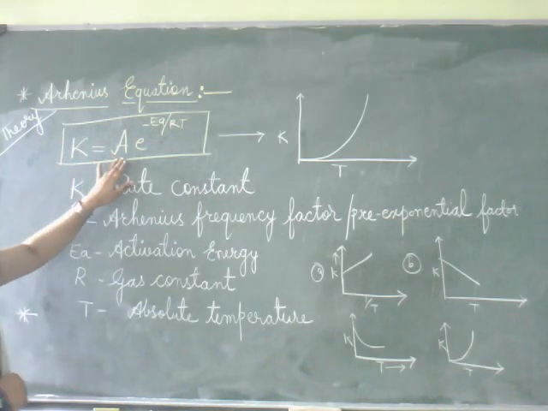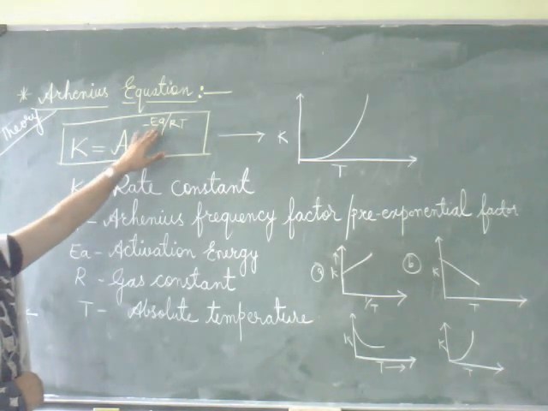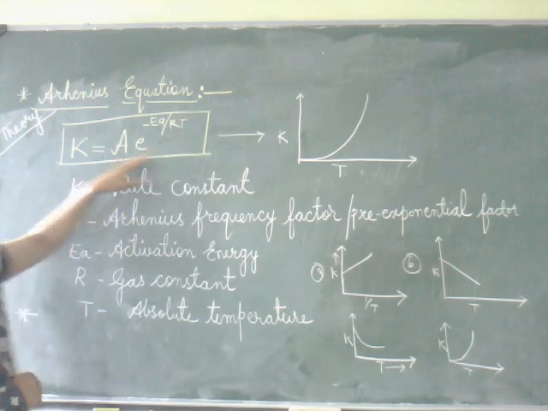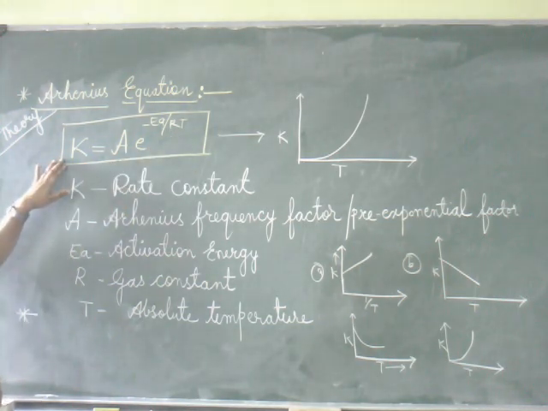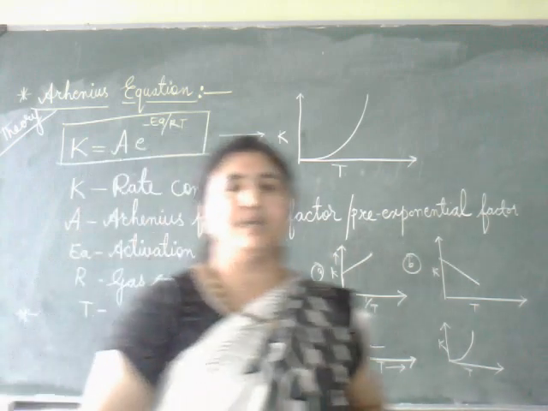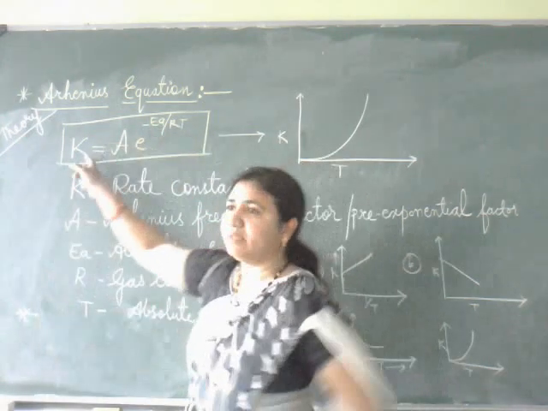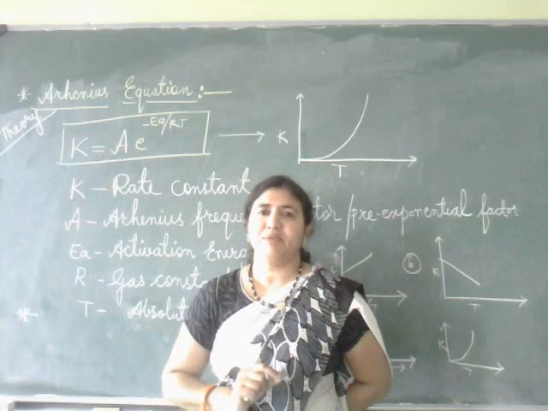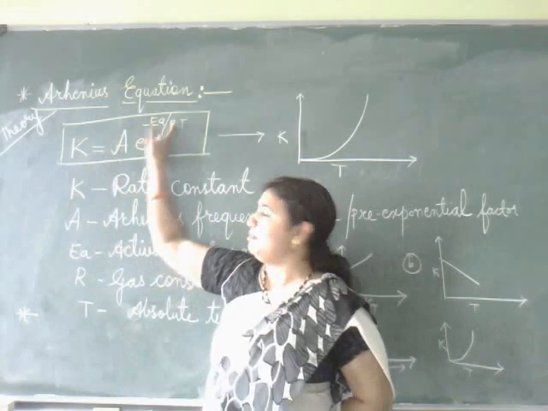k is equal to A e power minus Ea by RT. This Arrhenius equation gives a quantitative relationship between rate constant and temperature.